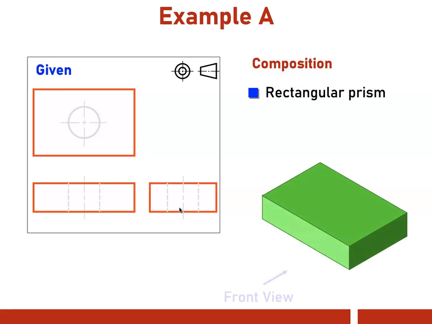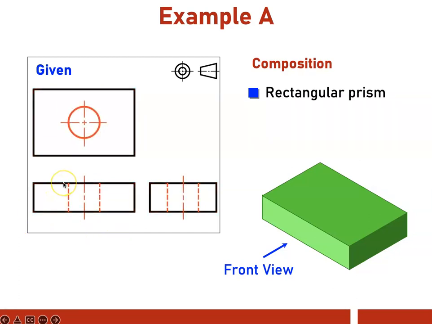So here we can already identify that from the front view, we have a rectangular block or rectangular prism that they call it here. From just over here, we already know it's a rectangular block. Okay. And if we're looking at this side over here, the front view, we can see that it is a hole, and this one is also a hole because of the hidden lines.